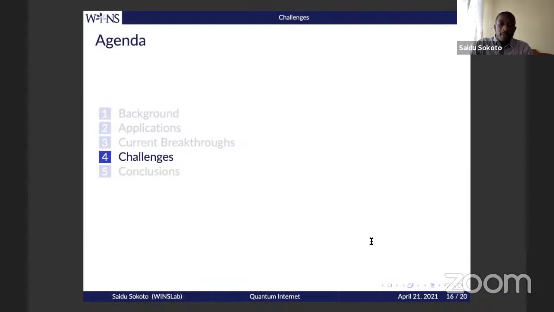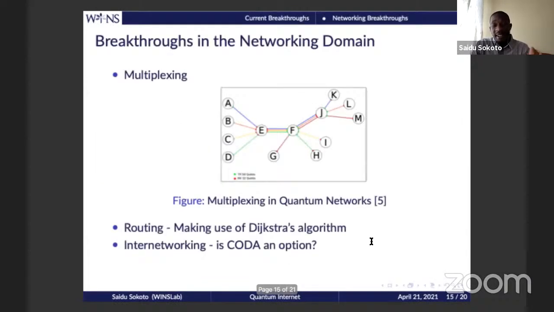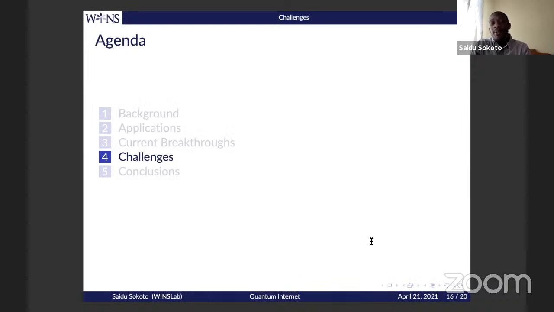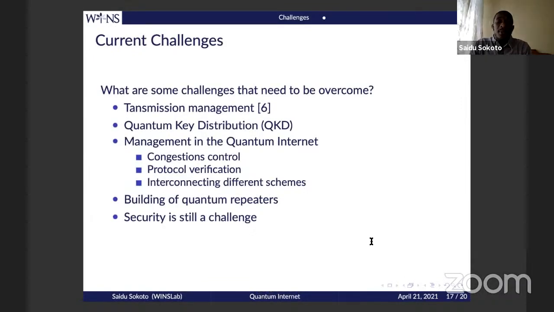So we have seen current breakthroughs. Of course, those breakthroughs are also challenges, and there is room for improvement. All the solutions proposed are not written on stone, and there might be some improvements made to them. But what are some challenges that we still have to overcome? Well, we have the transmission management.